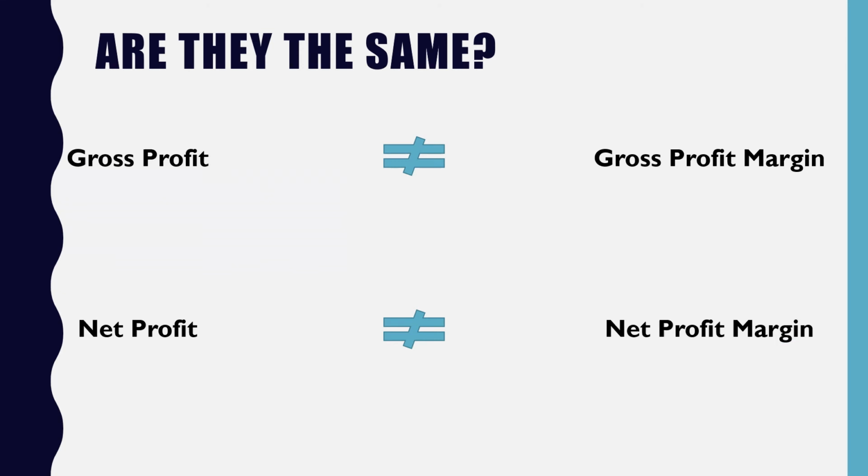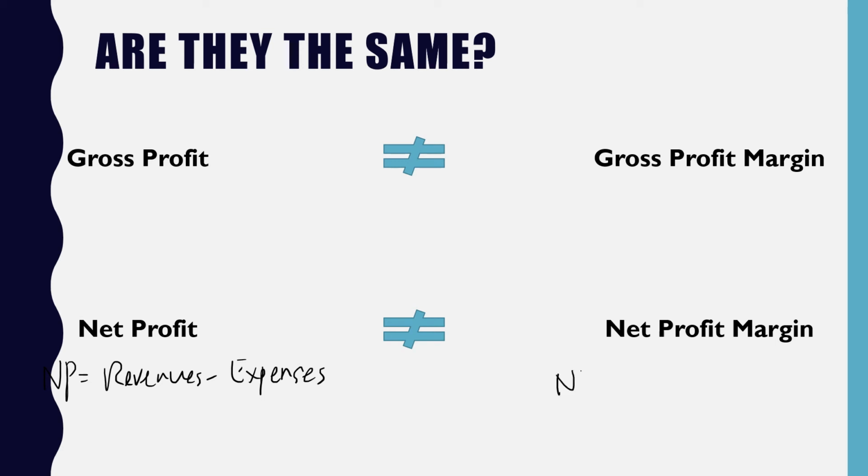So the discussion we've had to explain the difference as well as the connection between gross profit and gross profit margin can also be applied to help us understand the difference and connection between net profit and net profit margin. To calculate the net profits, we take revenues minus expenses.